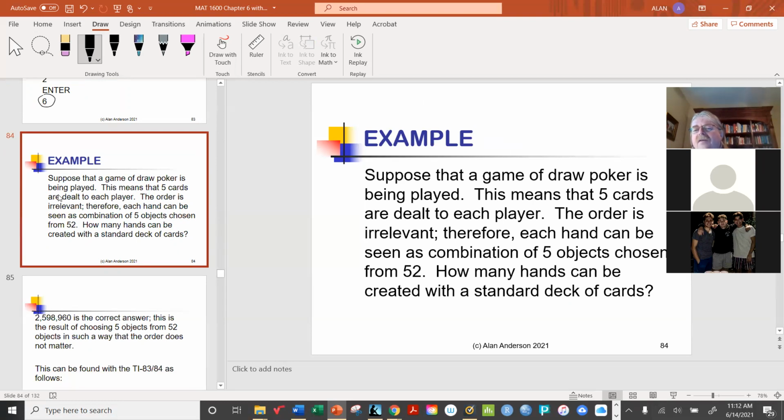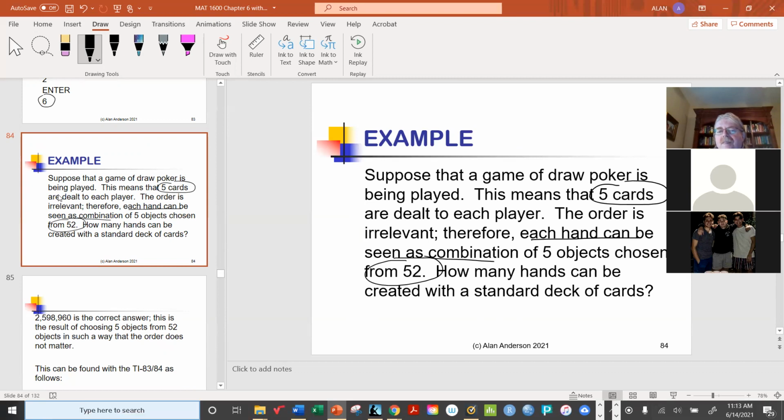So what's happening here is that each hand of 5 cards chosen from the entire deck of 52 could be defined as a combination, because you're picking 5 objects from 52 where the order does not matter. So how many hands can you create with a standard deck of cards?